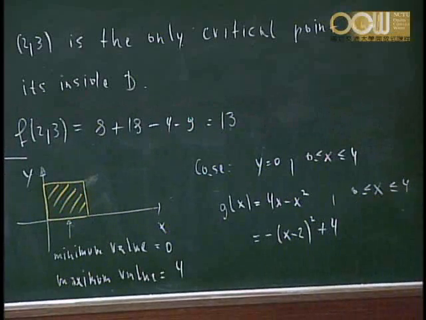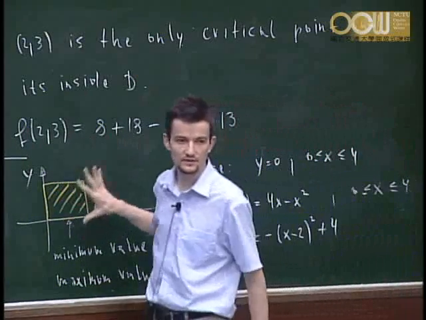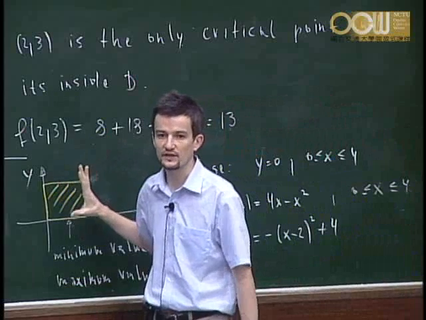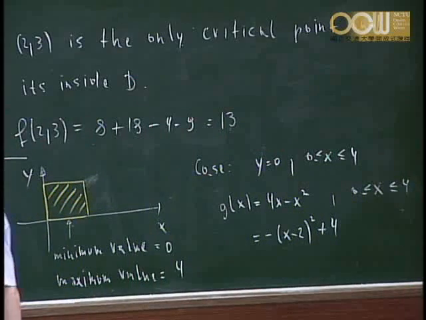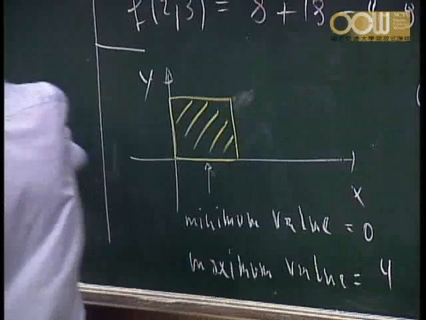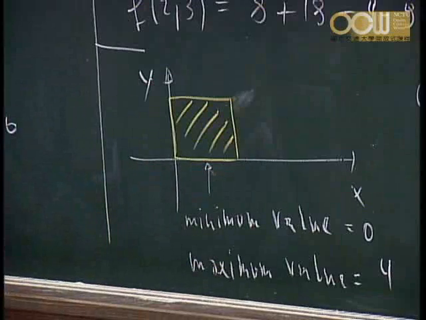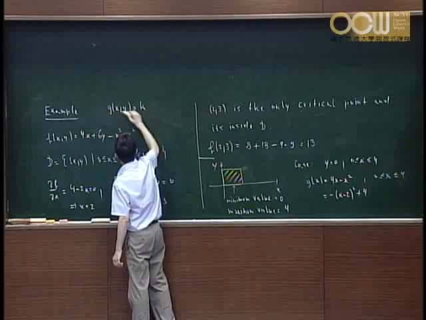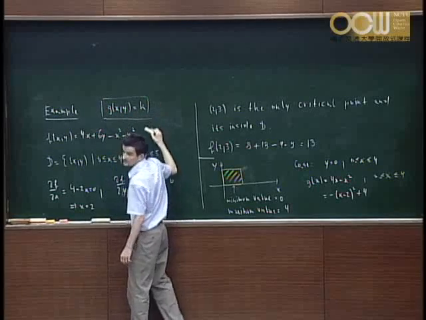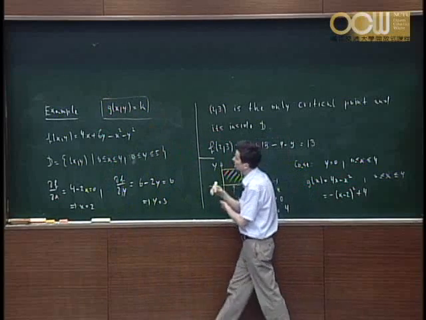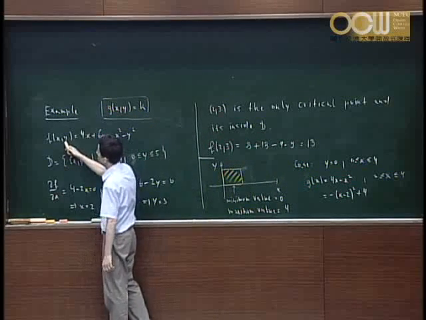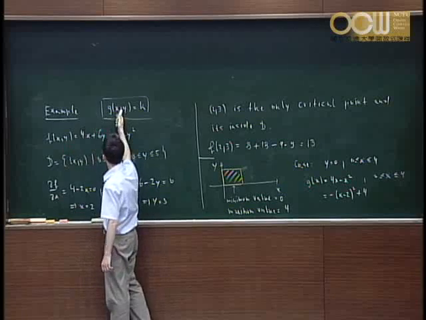But of course, sometimes the boundary can be quite complicated, and sometimes it's not so obvious how to discuss the behavior of this function f of x, y on the boundary. The boundary could be described by some complicated function of this form, and then we are led to a problem of finding the absolute maximum and absolute minimum value of this function on such a curve.